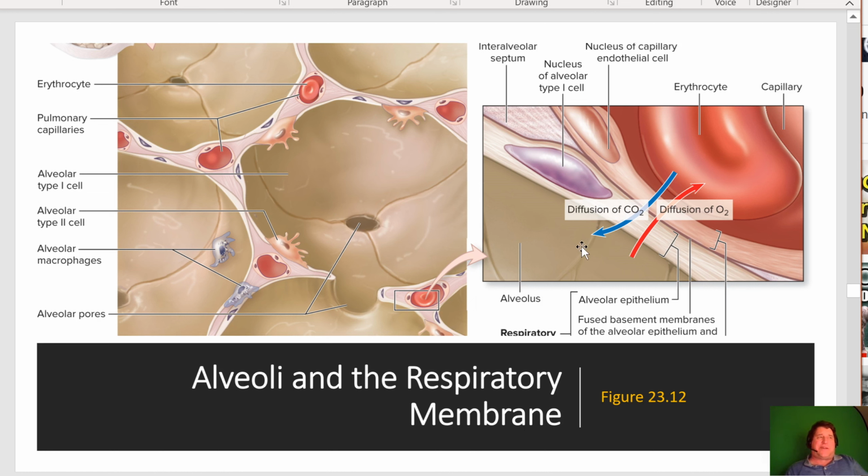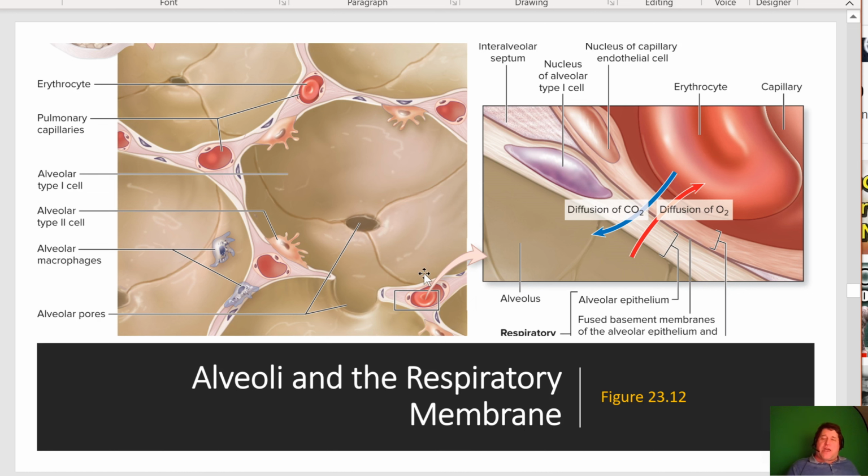When you think about it, it's still outside of the body. And then the epithelial layer, and then we've got the epithelial layer of the capillary, and then we've got the erythrocyte that has the hemoglobin in it. So the oxygen has to get through all of that, and the carbon dioxide has to come out of all that for this gas exchange to take place.